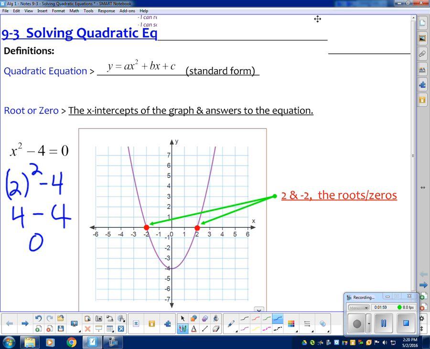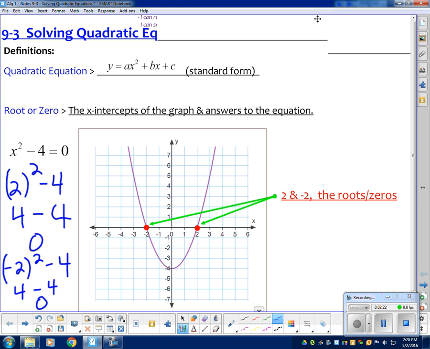I get the same thing if I plug in -2 and square it and subtract 4: 4 minus 4, or 0. And so for that reason, we call -2 and 2 the zeros of this quadratic equation, or the roots of the parabola that you see graphed over there.